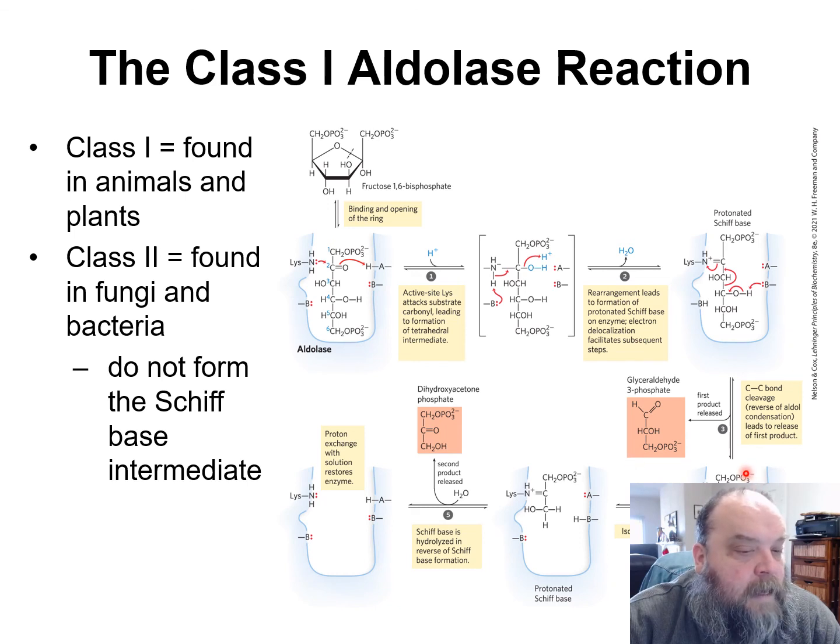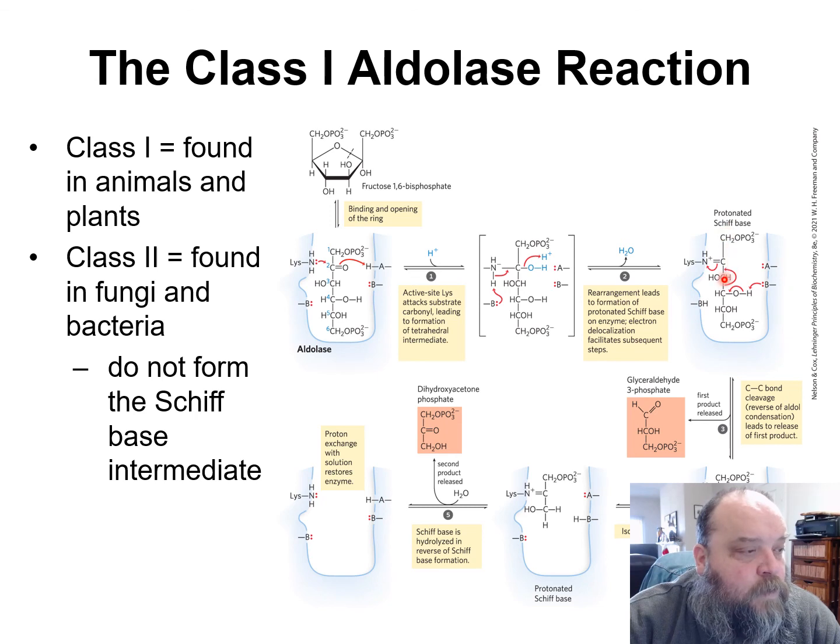This half here becomes glyceraldehyde 3-phosphate. That we like. So that's carbon 3, carbon 4, 4, 5, 6. I was counting those wrong. So the bond between 3 and 4 shifts up. So 4, 5, 6, there's G3P.